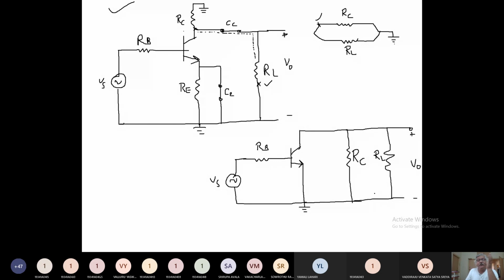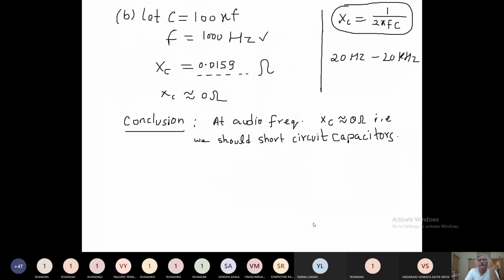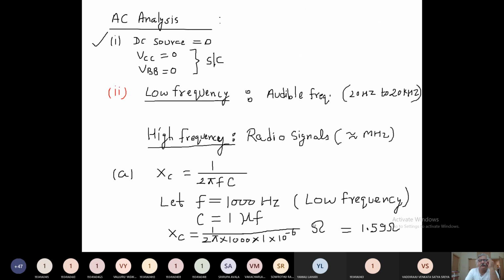Okay. So our figure will become like this. Right. So when we are doing the AC analysis of the previous figure at low frequency, then ultimately you will get this figure. So this figure I call it as 2, 3.